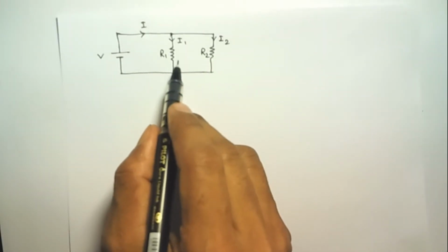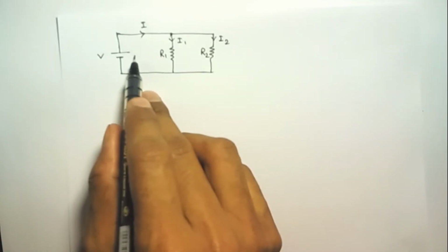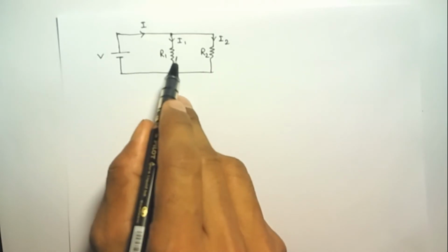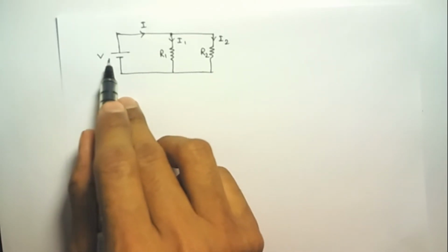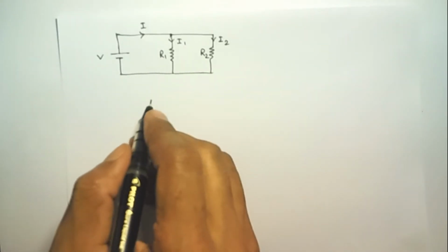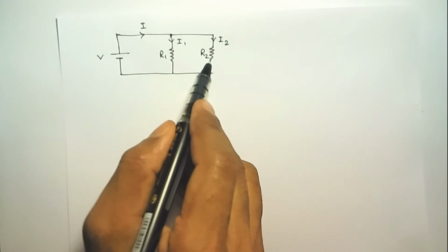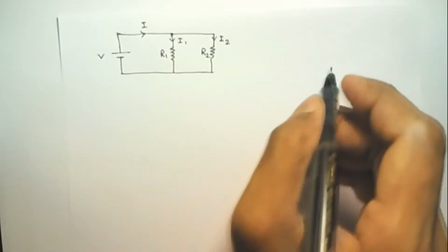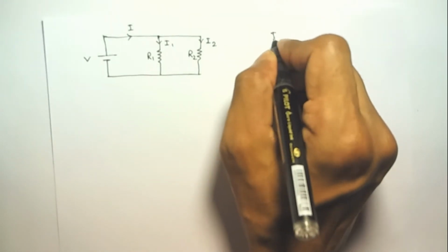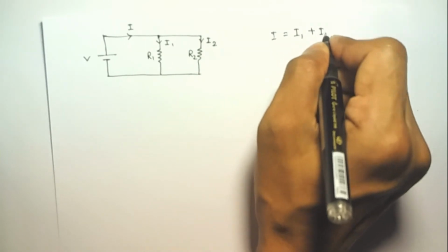Here we have connected two resistances R1 and R2 in parallel with this voltage source. So the voltage across R1 is V and the voltage across R2 is also V. The current through R1 is I1 and the current through R2 is I2, and the total current is I. So we can write I equals I1 plus I2.